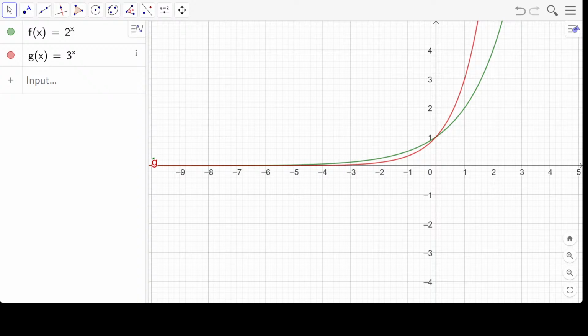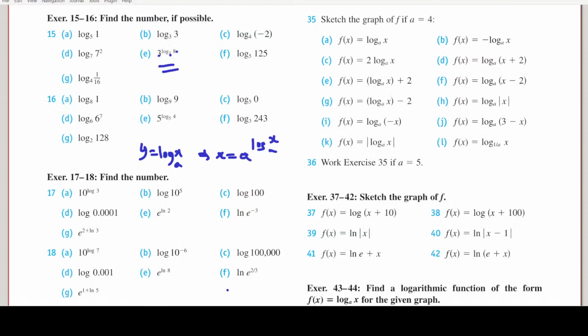Just remember this: 2 power x, 3 power x, any a power x, as long as these 2, 3, 4 are all positive numbers, then whatever power they are raised to, they will never become 0. Okay?